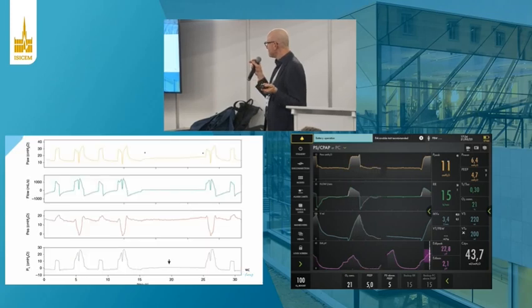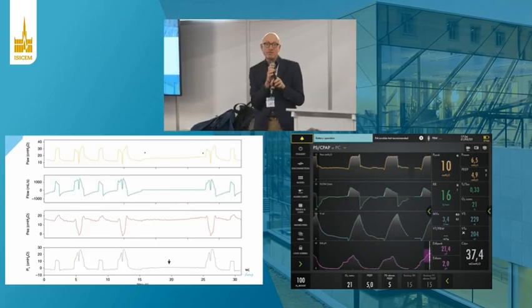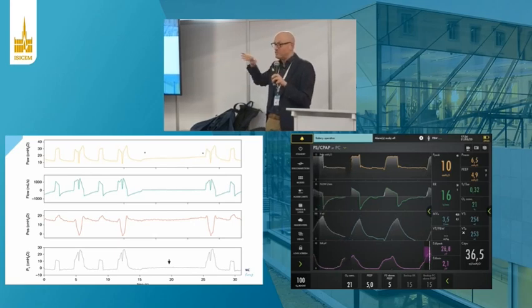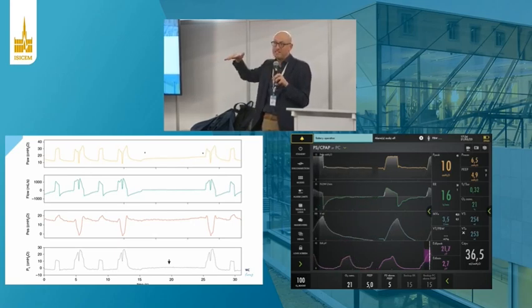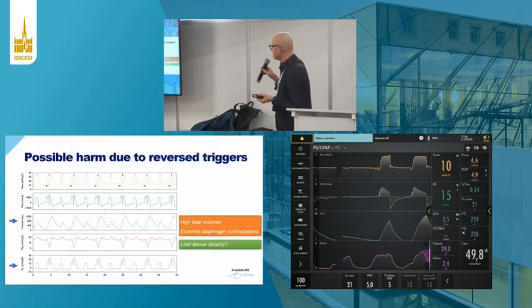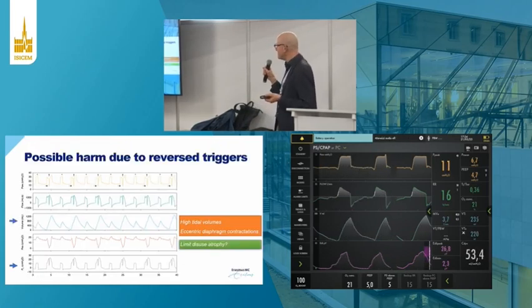Your diagnosis is quite easy. You just do an end expiratory occlusion and it should completely vanish because there's no ventilator activity, so there's no reverse triggering here. Well, possible harm already identified by you.